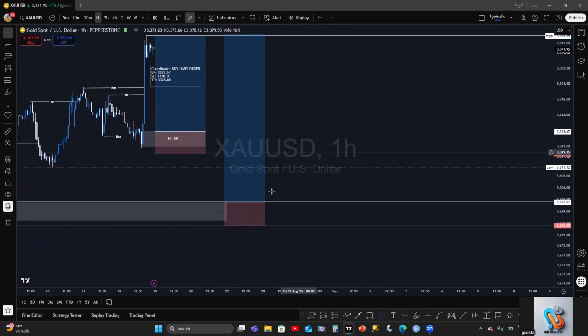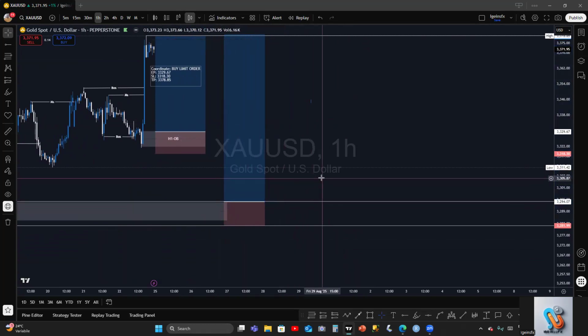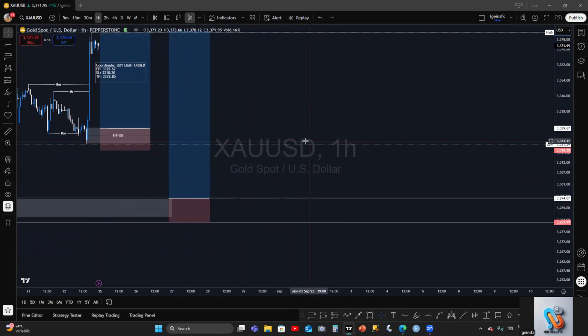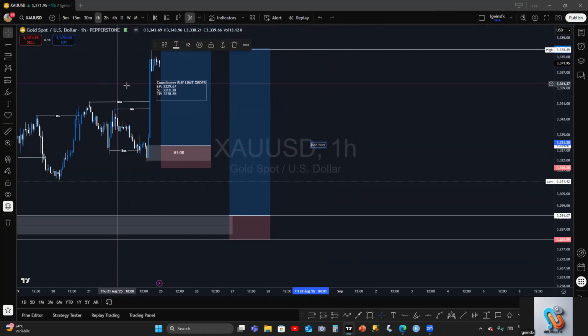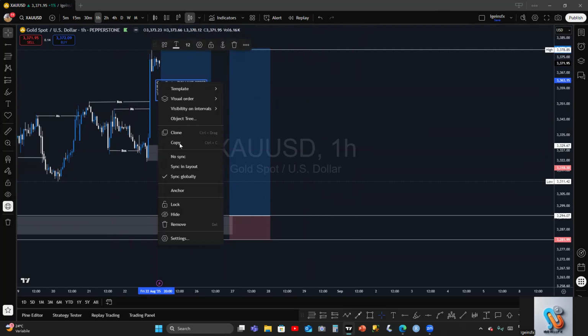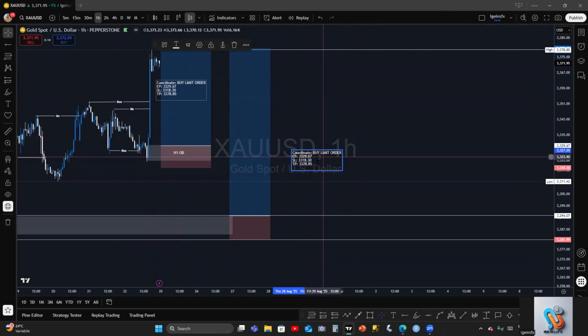These are the two opportunities that we have as far as gold is concerned. So let's clone this so that it will be faster. It's still a buy limit order that we are going to set.